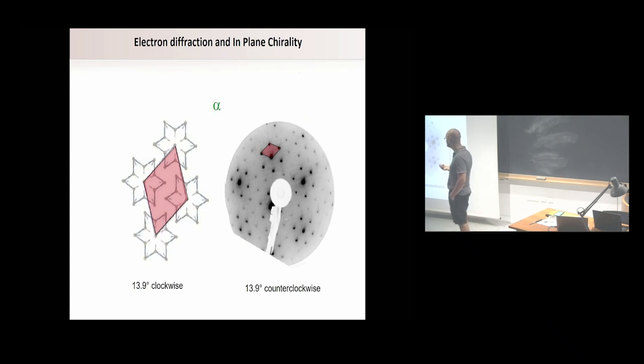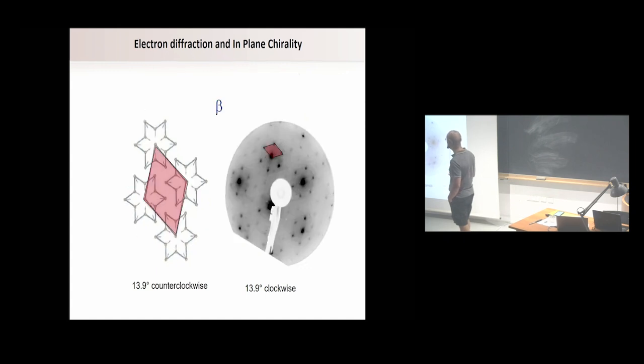So if you do a LEED on this material, if this is the broken mirror plane, you would see that superlattice peaks are tilted counterclockwise by 13.9 degrees in the alpha configuration, and clockwise by 13.9 degrees in the beta configuration. So there is a very easy way to check it, that is just doing a LEED, which is even easier than doing an STM image.